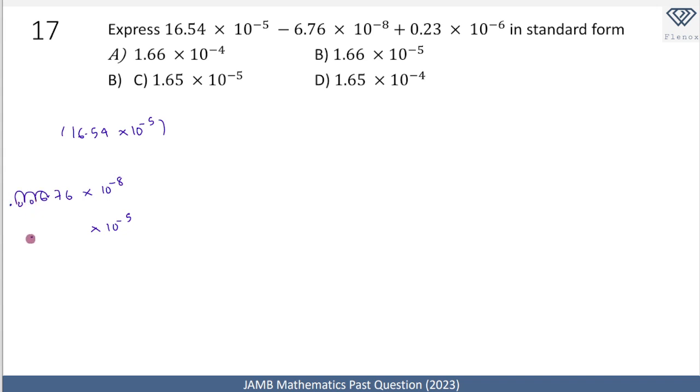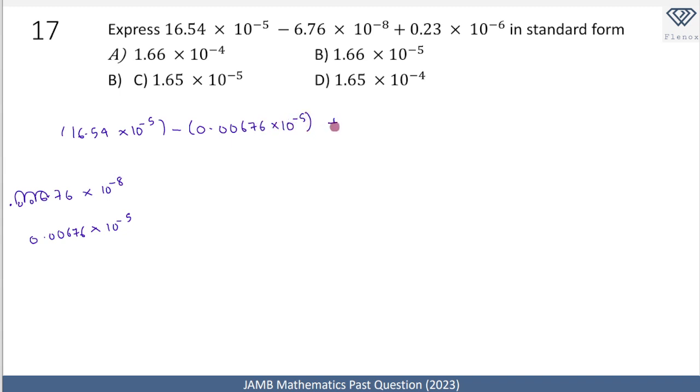So this becomes 0.00676 times 10 raised by minus 5. So this is the same thing as minus 0.00676 times 10 raised by minus 5.